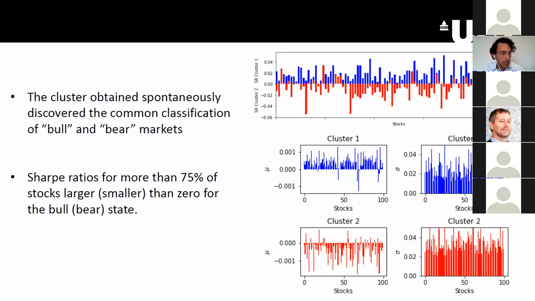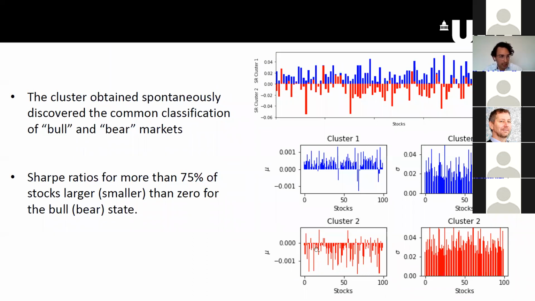And looking a little bit deeper at what kind of clusters we found, you can see here that our intuition is confirmed. We found a cluster where most of the stocks, more than 75%, have a significant positive Sharpe ratio with positive means and relatively low variances, standard deviations.